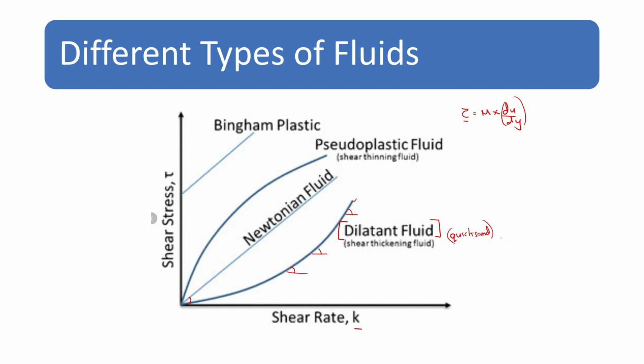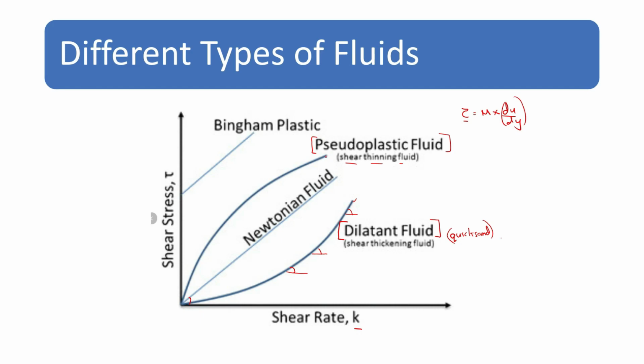Now look at another fluid, that is pseudoplastic fluid or shear thinning fluid. That means when you apply the shear stress, shear strain rate increases. You can see here the slope is decreasing. That means viscosity is getting reduced as shear rate is increased.